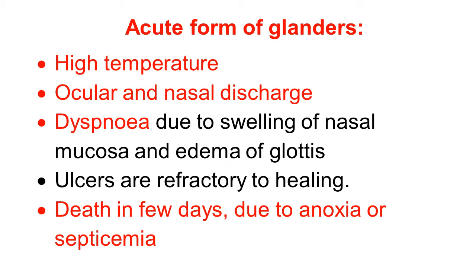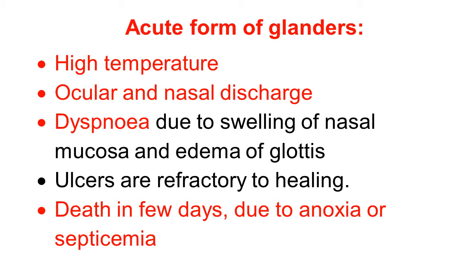Now we see the symptoms of the acute form of glanders. Initially, there is high temperature because there is septicemia. There is ocular and nasal discharge. There is dyspnea, and dyspnea is due to swelling of the nasal mucosa and edema of the glottis. The ulcers are refractory to healing.